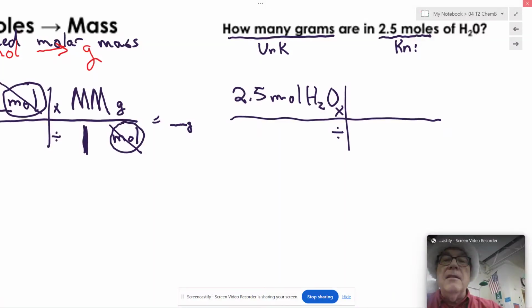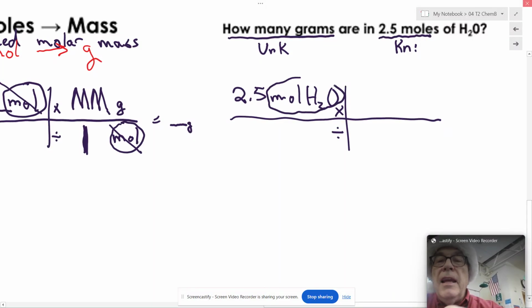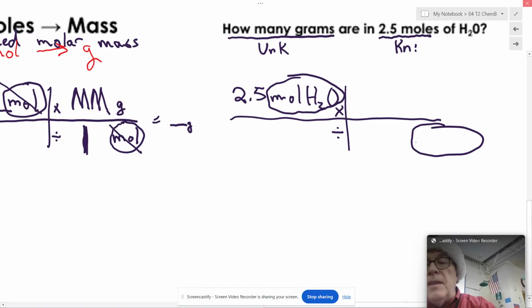But what goes on the top and bottom? Well, we want the same unit that's here on the top to be here on the bottom. So that's going to be moles of H2O, so that they will cancel out.